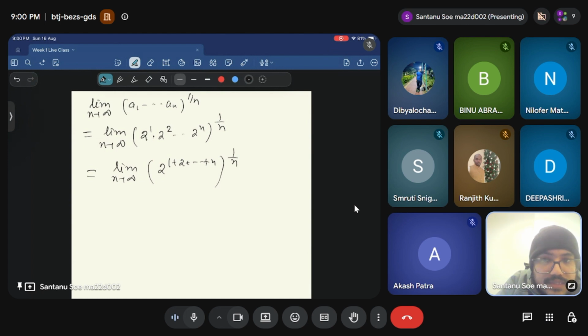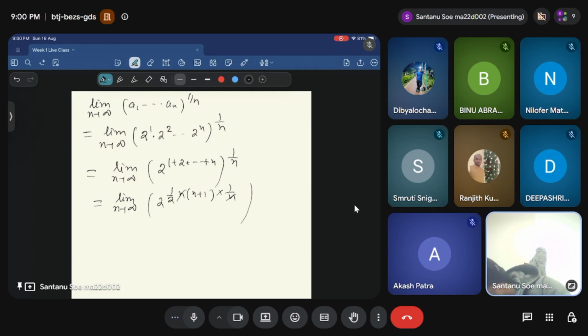So the base is same, so the product will be just the sum of the powers, and this is same as limit n tends to infinity 2 to the power 1 by 2 into n plus 1, correct, into 1 by n. So n will get cancelled out, and this will be limit n tends to infinity 2 to the power n plus 1 by 2, correct?